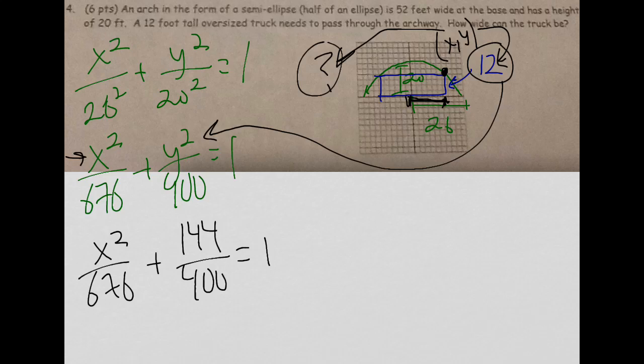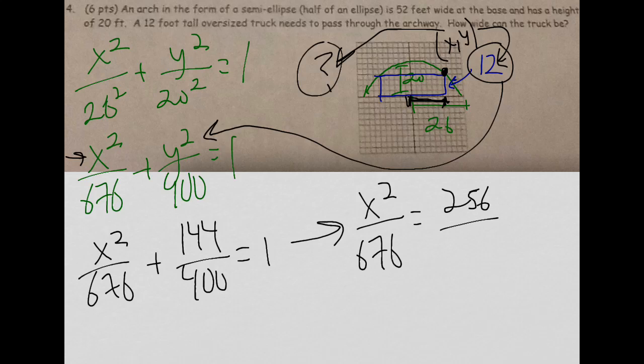So what I'm going to do now is subtract the 144 over 400 from 1. What that gives me is x squared over 676 equals 256 over 400.